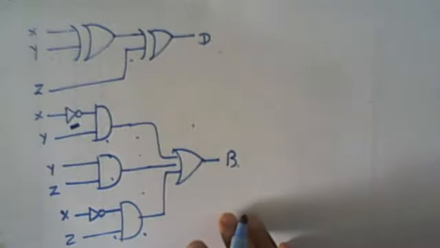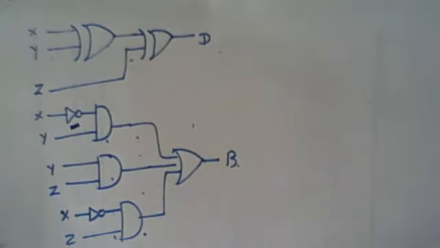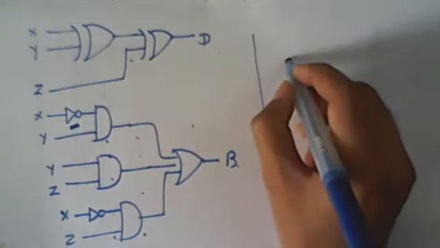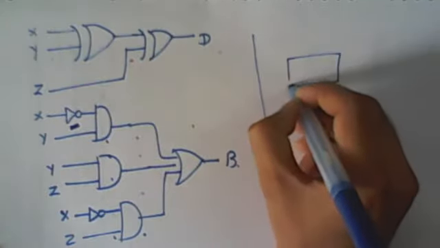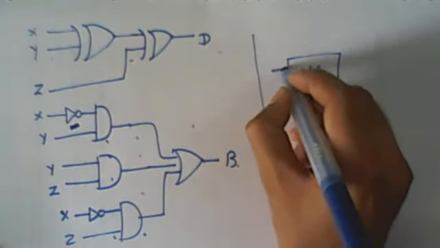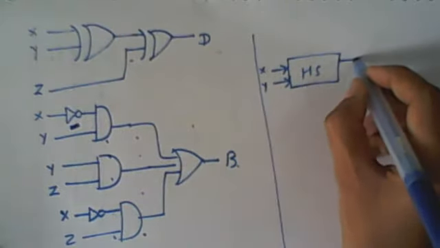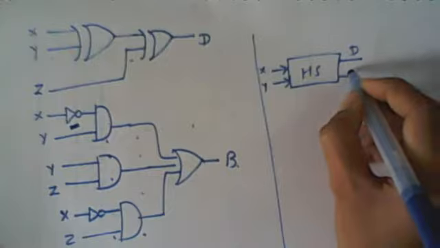Right? So this is the implementation of a full subtractor. Also, we can implement the full subtractor using half subtractors. We can use one half subtractor which has two bits, let's say x and y, and it produces the difference and the borrow.